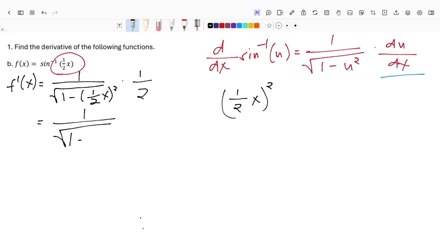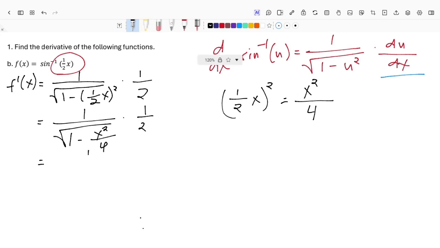One half x squared is equal to x squared over 4. Let's substitute this into the solution we have earlier. We have x squared over 4 multiplied by the derivative of u. And from here, we will solve for the denominator again.